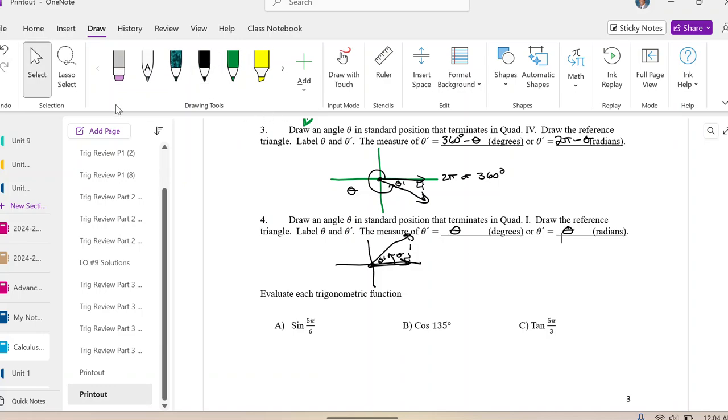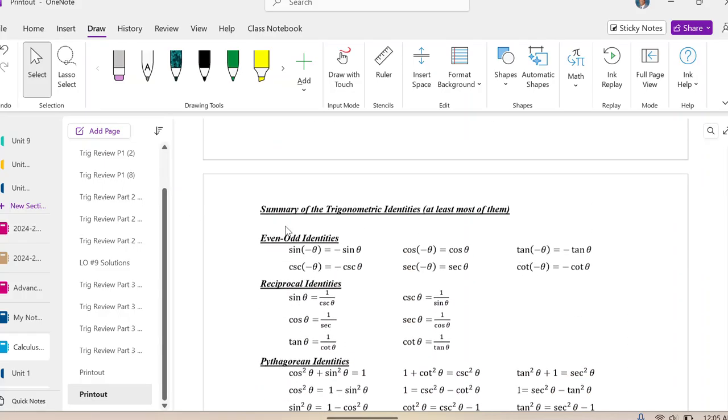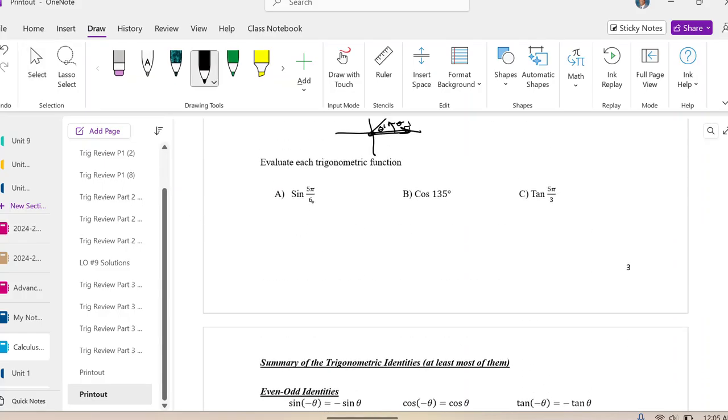Well, how does that help us? Well, if you look at sine 5 pi over 6, 5 pi over 6 is in the second quadrant. So if you draw the reference triangle, this is pi minus 5 pi over 6, which is pi over 6, which is 30 degrees.